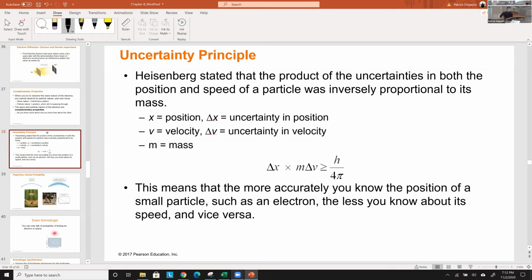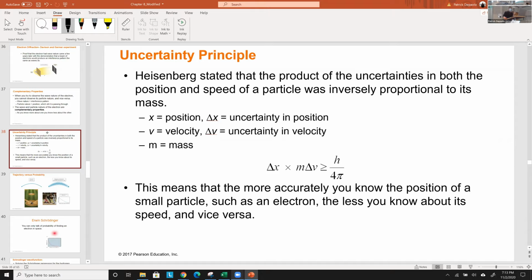I'm not sure you get this equation, but the uncertainty in position, meaning the relative range of position, this is actually a cross product, not a multiplication, because it's a vector, but whatever, times the momentum range, which is the mass is constant, but the velocity could range, you know, the speed of it. It has to be greater than or equal to Planck's constant divided by 4 pi.